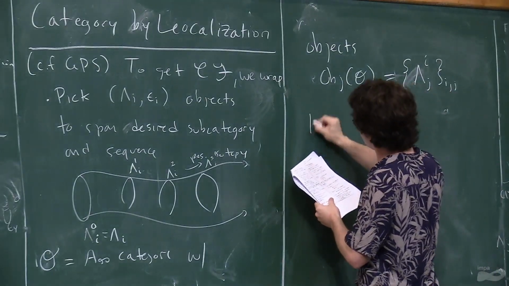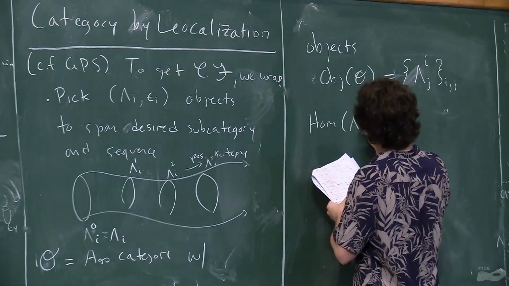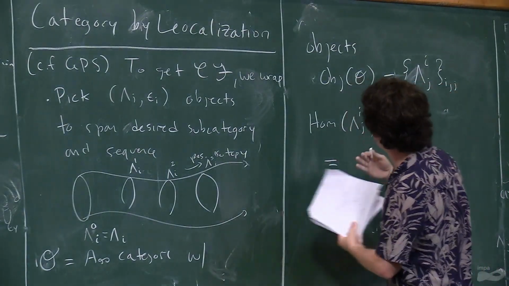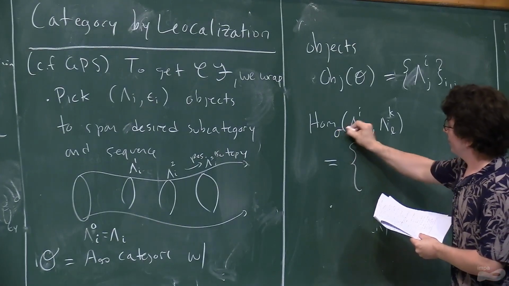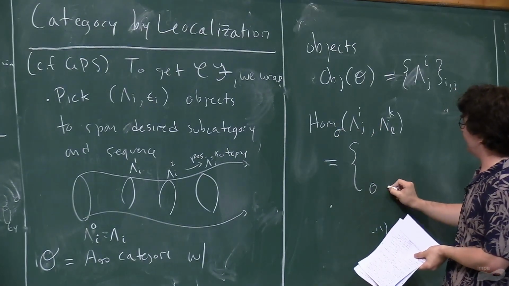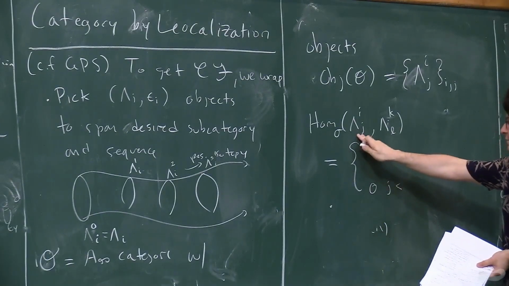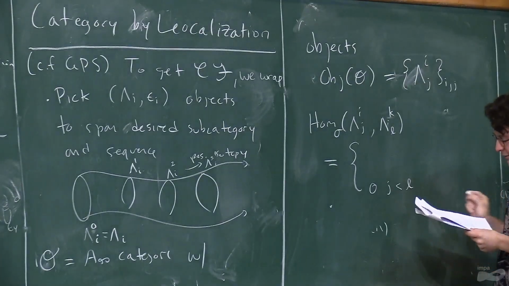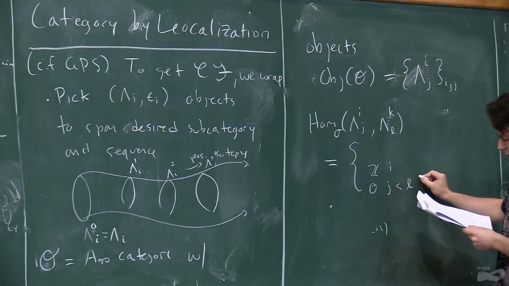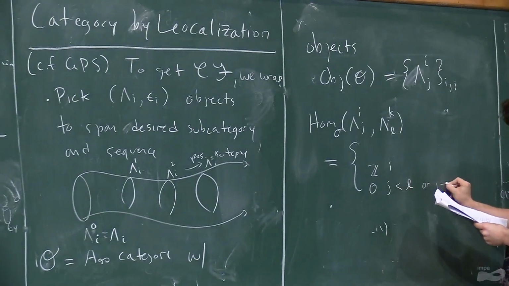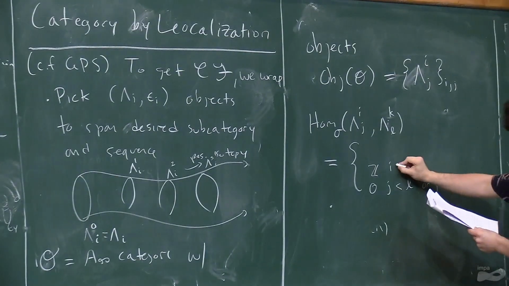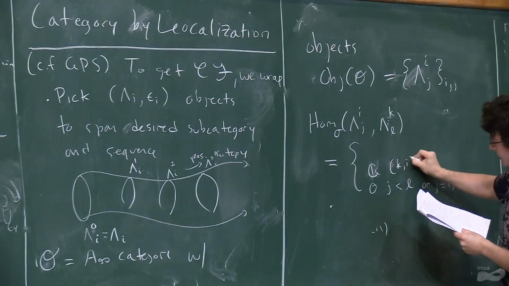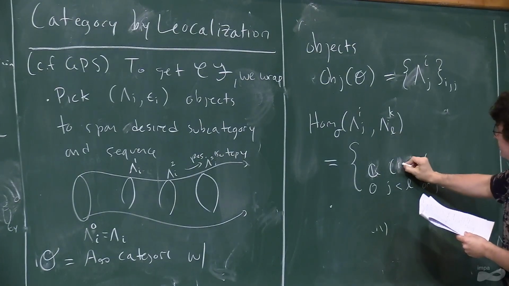And to define Hom between two elements of the sequence, you say it's 0 if this element happens before the other in the integer sequence. It's the base field if ij is equal to kl.